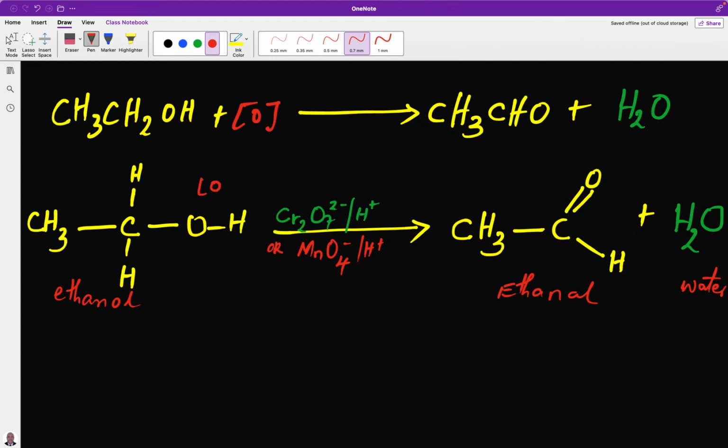This is the oxygen that has been donated by the oxidizing agent.